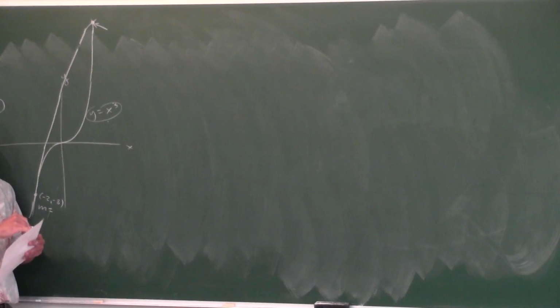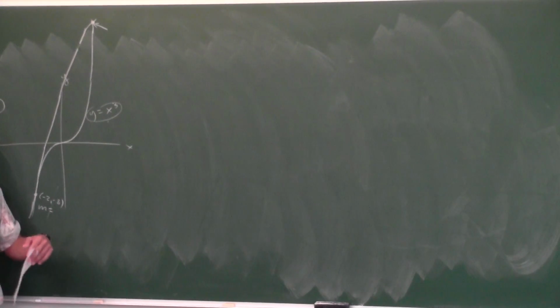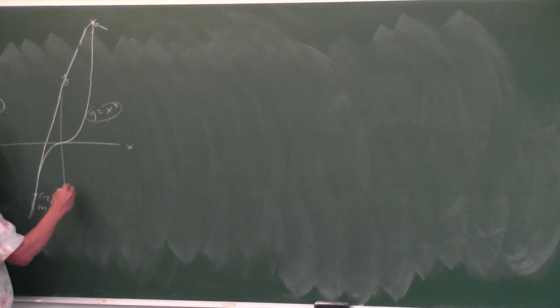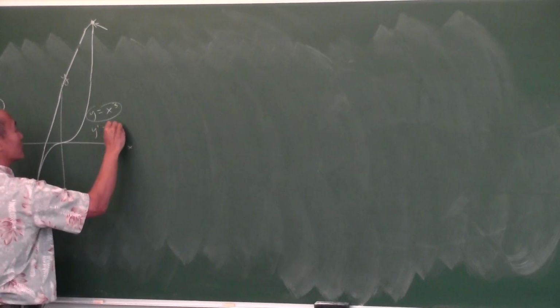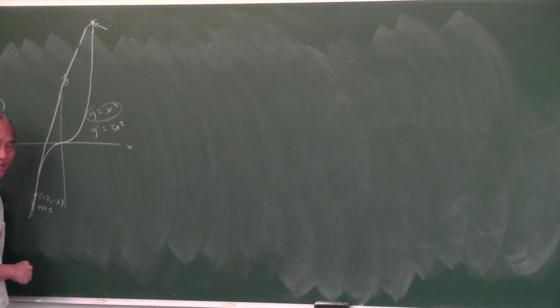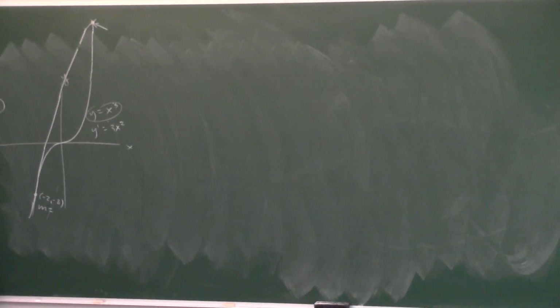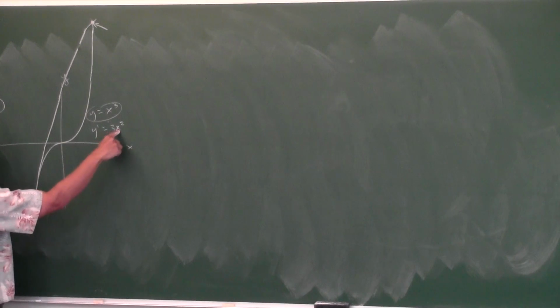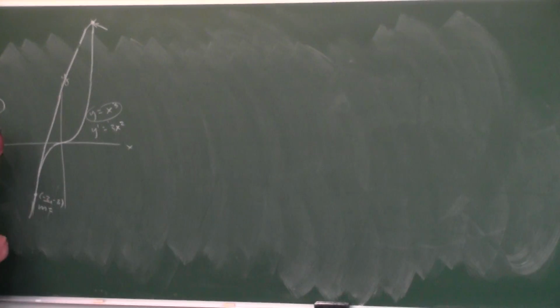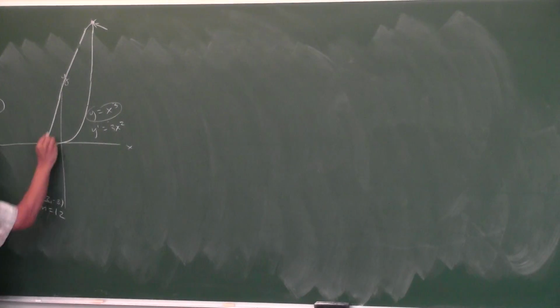Yeah, we did that in problem 1a, so we're not going to reinvent the wheel and do the difference quotient again, right? The derivative is equal to 3x squared. We're just going to use that result. So therefore, what is the slope at this point here? 3 times the x coordinate squared. So if this is the x coordinate, what is 3 times the x coordinate squared? 12. The slope of this tangent line is 12.